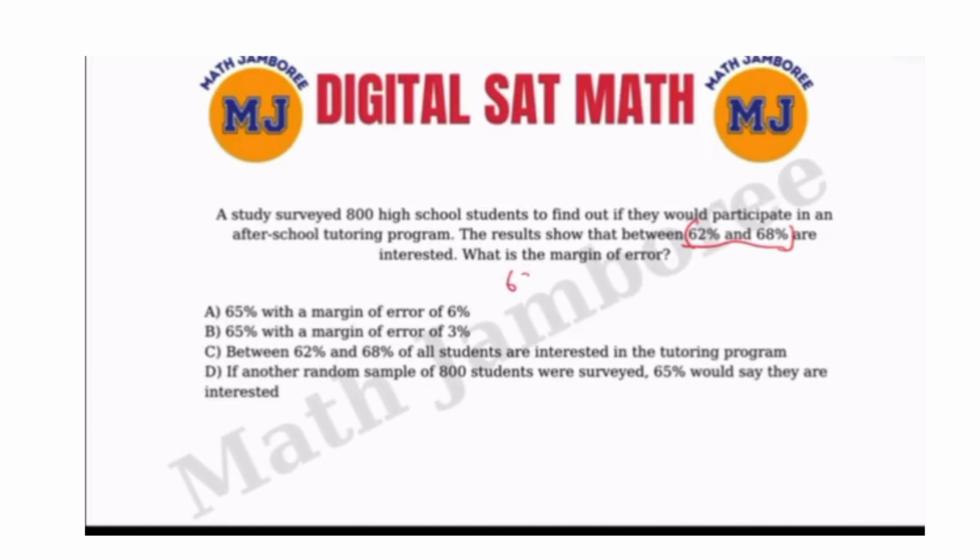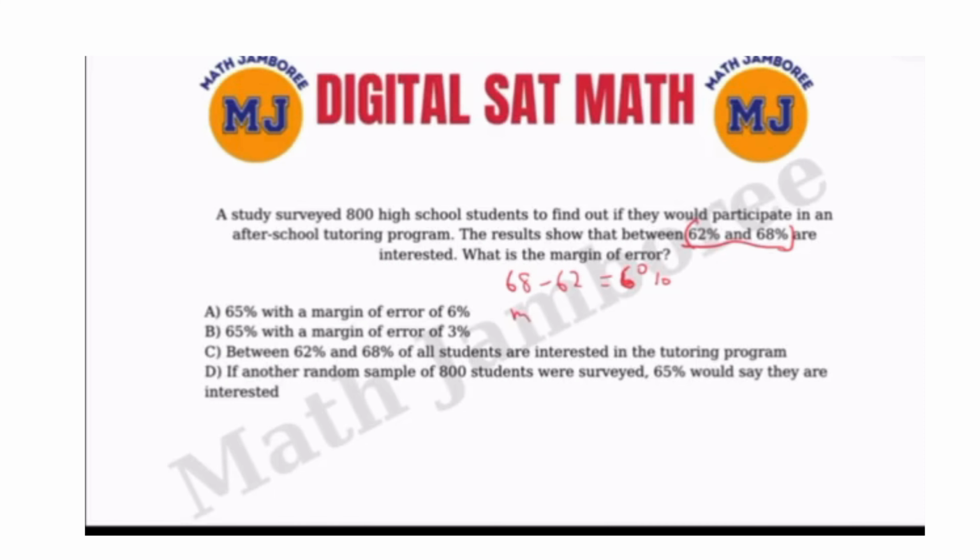So 68 minus 62, that will give us 6, I believe. I'm still gonna check. 6%. Sorry about that, I'm gonna live with it.